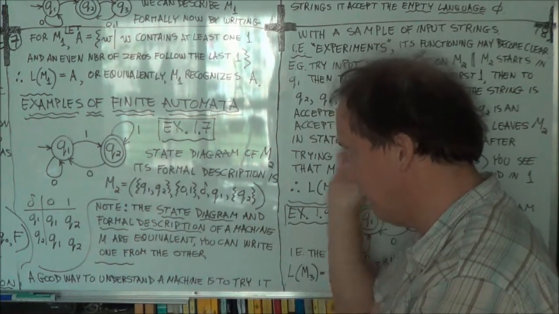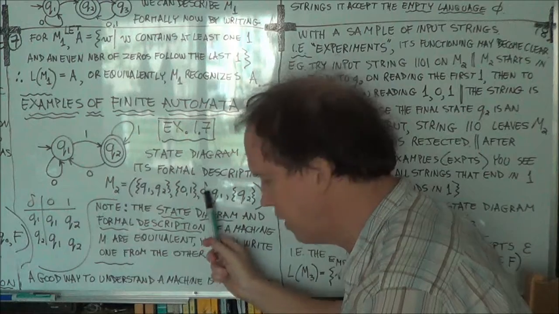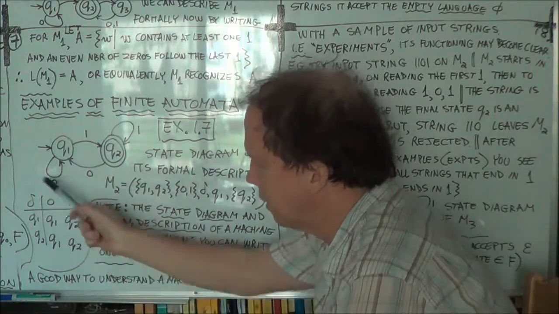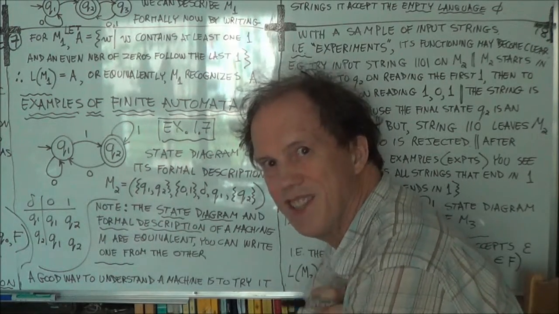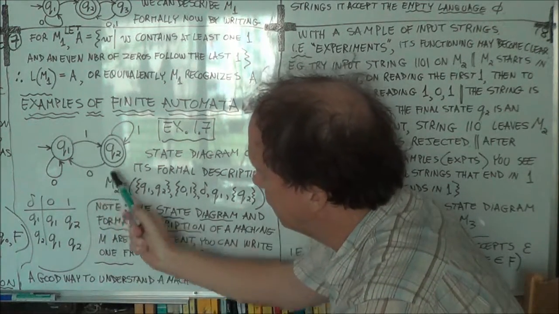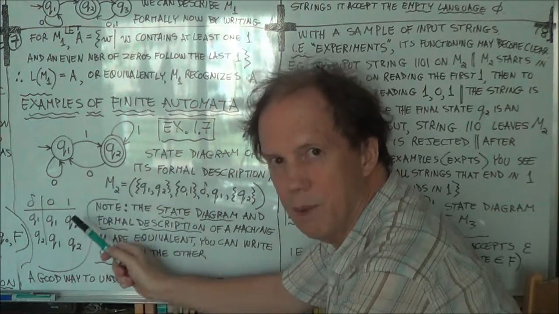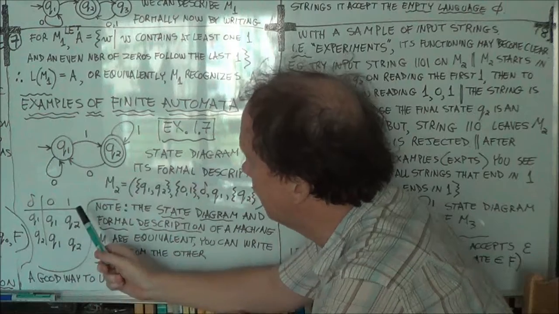Now the transition function, the delta, we can write out in the form of a state transition table. There are only 4 entries, so let's actually do it completely. We've not done this before, but let's do it.